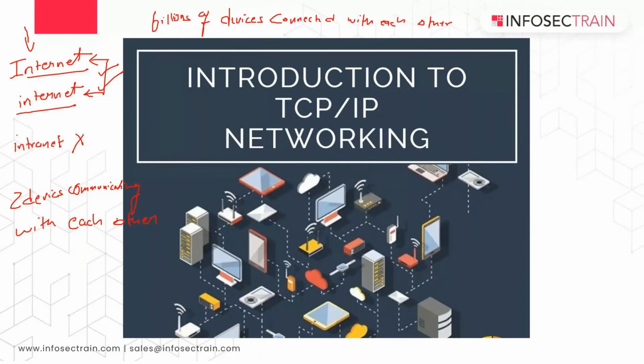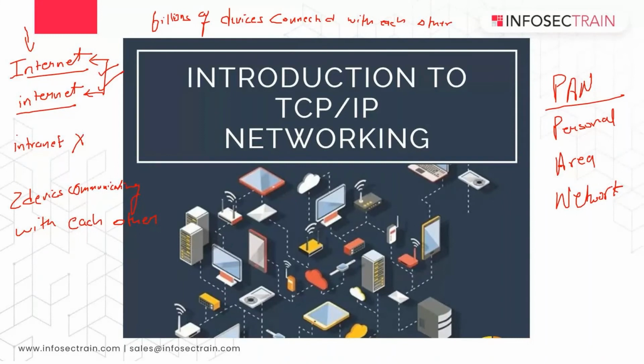So when two devices are communicating with each other inside a room, that is a PAN, personal area network. It is smaller than a LAN.